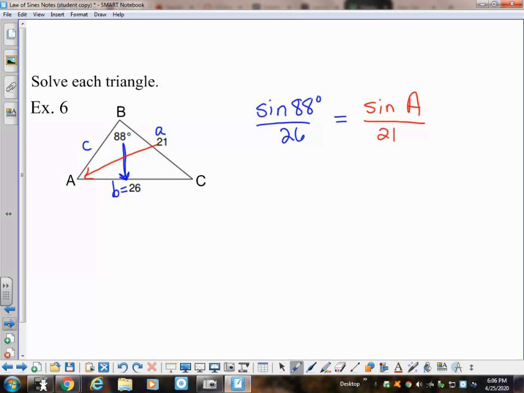Okay, y'all do your cross multiply. So here we are. Then to get rid of the 26, we'll divide it over.